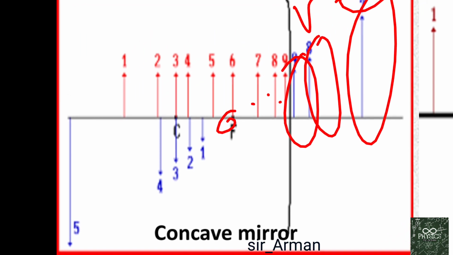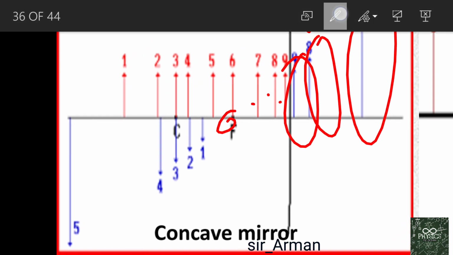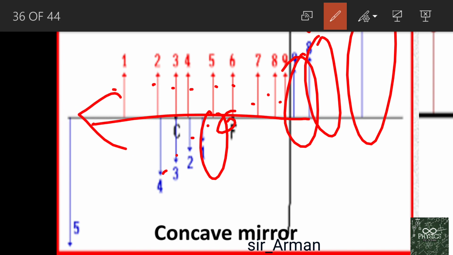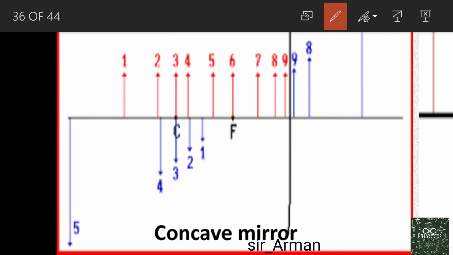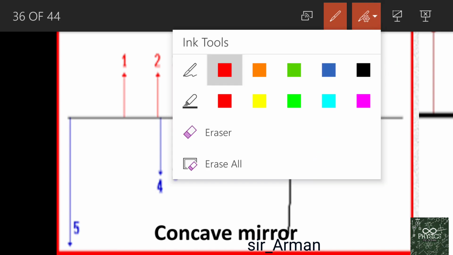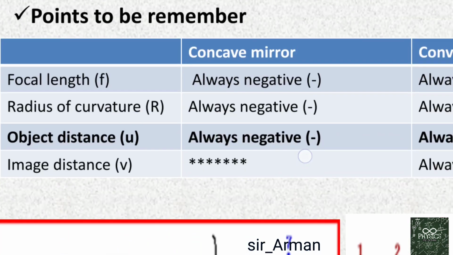But here for the other cases 1 to 6, 1, 2, 3, 4, 5, 6, you can see the images are here. These blue lines are images 1, 2, 3. So all these images are towards the left of the origin. So in that case we have to consider the image distance is negative. Right. So remember this.